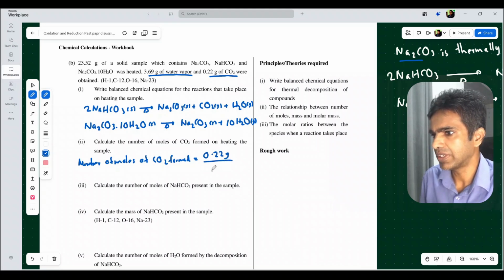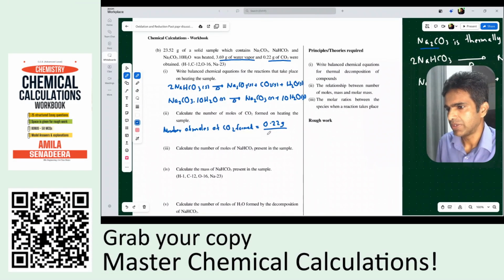Molar mass of carbon dioxide is 44 grams per mole. How did I write like that? Because I have done many calculations, therefore I can remember the molar mass of carbon dioxide. If you couldn't remember molar mass of carbon dioxide: carbon 12, oxygen 16, 16 times 2 is 32, 32 plus 12 is 44. So molar mass is 44 grams per mole.